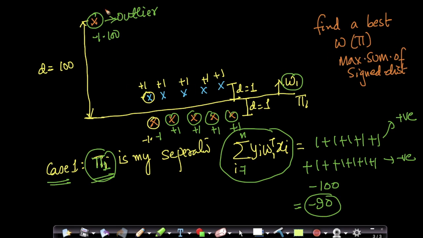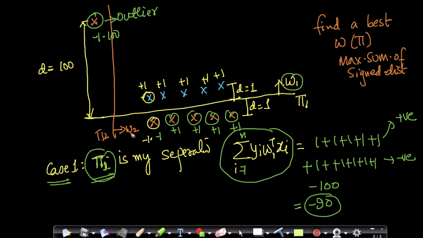Now imagine if I draw a hyperplane like this. Let me call this hyperplane pi2, and let's assume this is my W2. When I used pi1 and W1, I got a sum of signed distances of -90.